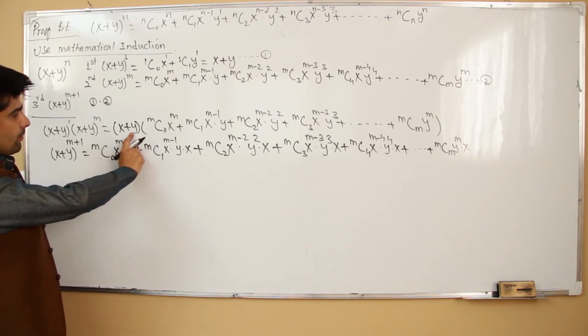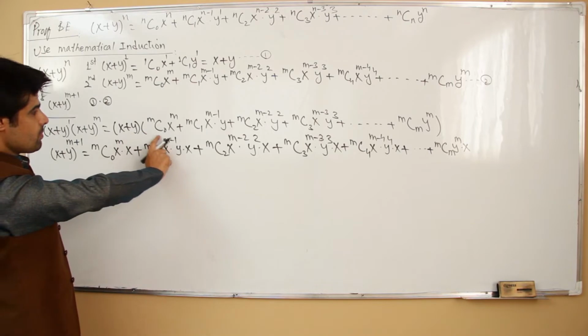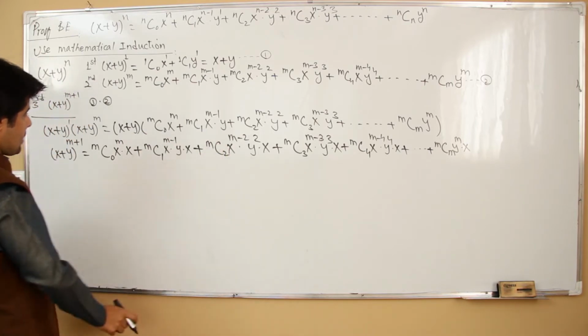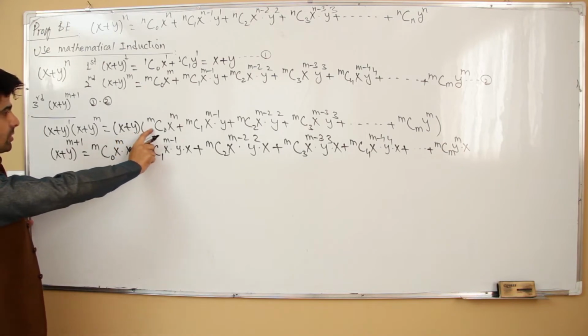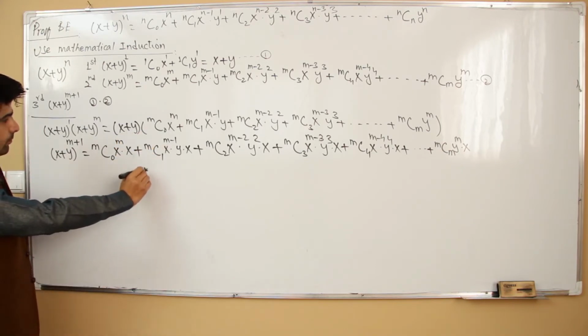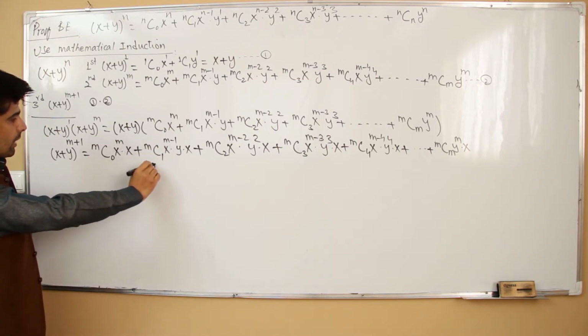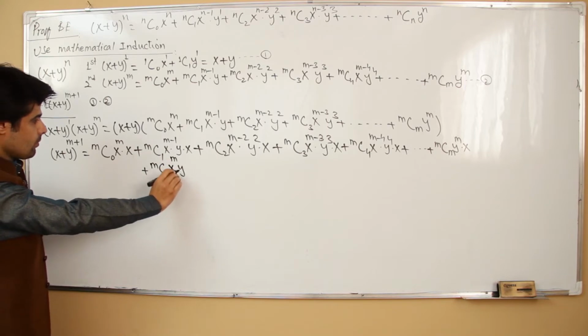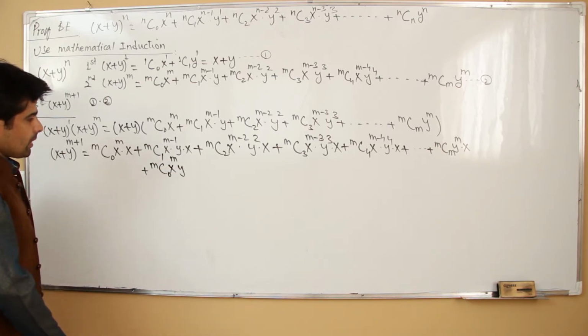This plus y, or positive y, should be multiplied with all the terms of this bracket. So positive times positive is once again positive. y with this one, we have mc0 x to the power m y. Am I right? Yes.